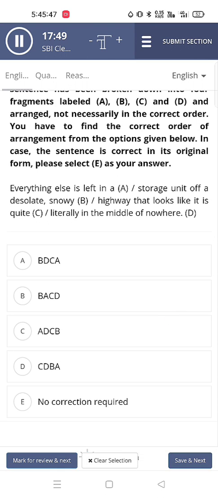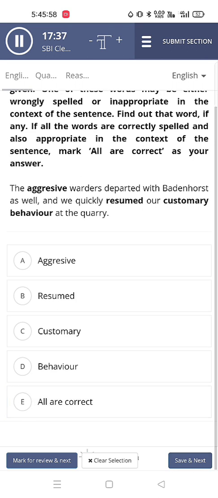It is also wrong, so we will read the sentence. Okay, everything else is left in a storage unit of a desolate snowy highway that looks like it is quite literally in the middle of nowhere. No correction is required here.